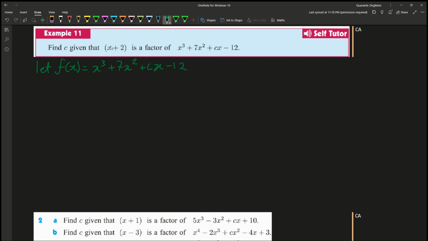According to the factor theorem, you first look at this sign, and you change the sign of this number, so -2. Then you use that as the input in your function, so f of -2.